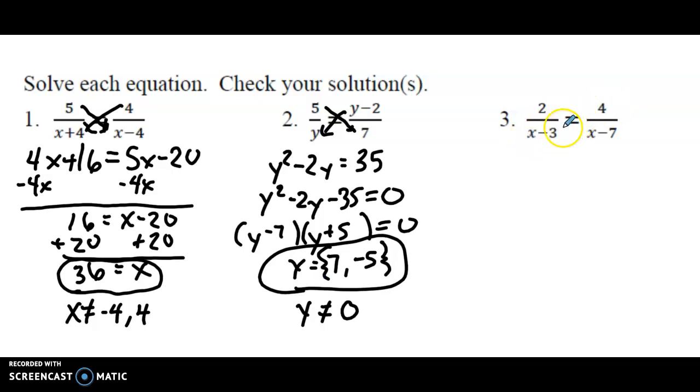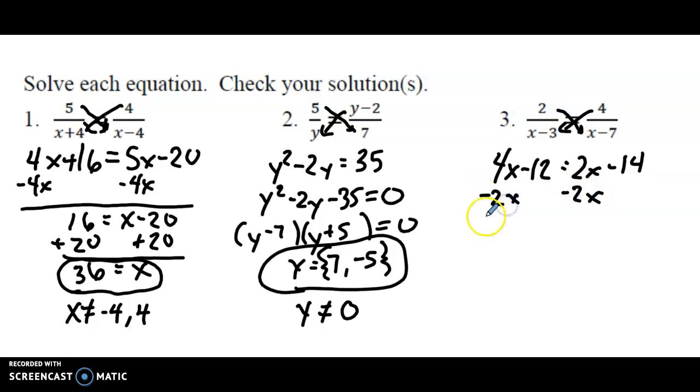Again, cross products. Product of the means is going to be 4x minus 12. The product of the extremes is going to equal 2x minus 14. And I'm going to solve the equation. I have variables on both sides, so I've got to move them to one side.